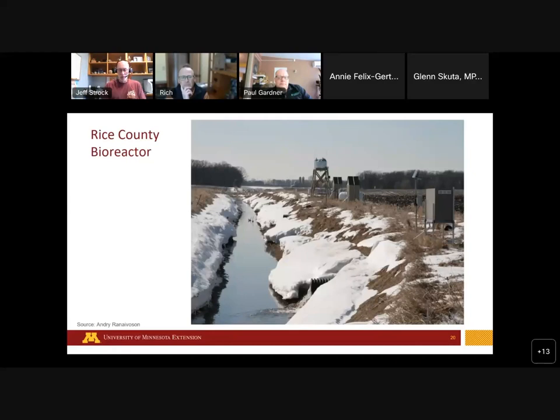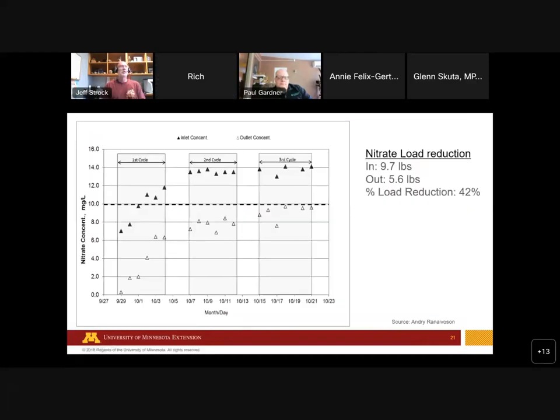Some of that water was well above the 10 milligram per liter standard for drinking water, which is that heavy black dashed line. When you look at the outlets of the bioreactor, you see that we're able to keep that below 10 milligrams per liter. So it was about a 42% reduction based on that little bitty snippet of data.